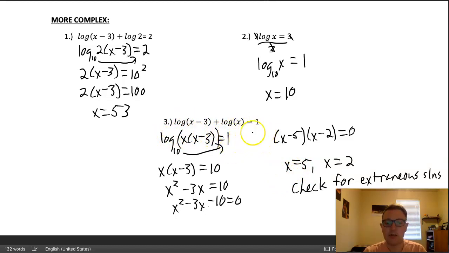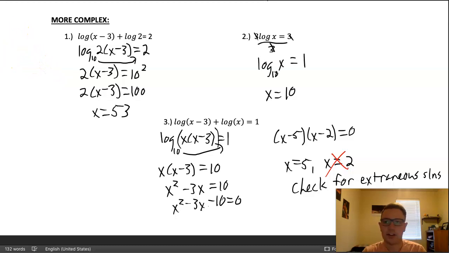That shouldn't be an issue. But what about x is equal to 2? We get log of 2 minus 3, or log of negative 1. And that sets off alarm bells in our head, because you can't take the logarithm of negative values. 10 raised to what power gives you a negative value? The answer is nothing. So x is equal to 2 will be extraneous.